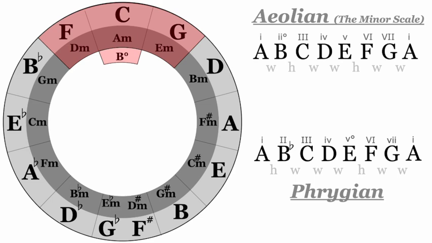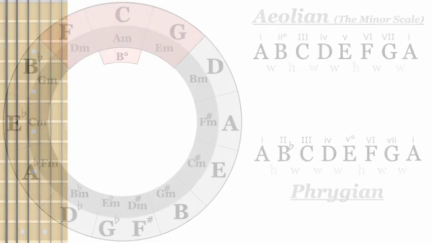We know that the B flat is the note that is different, so we want to make certain that on our fretboard, we understand where all the B flats are. If we're going to use A Phrygian as opposed to A minor, we're going to want to hit B flat wherever we can in place of B. That's how we're going to pull in Phrygian.